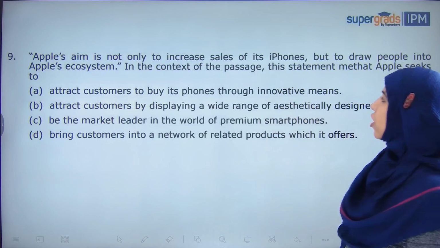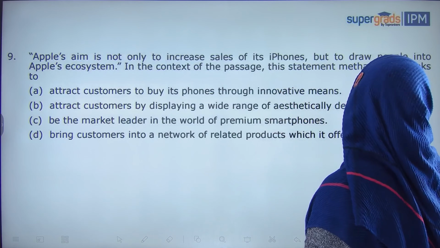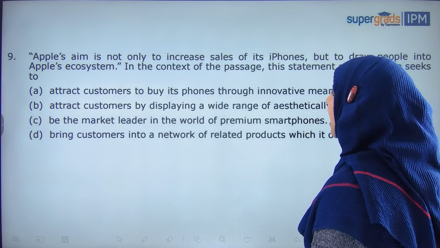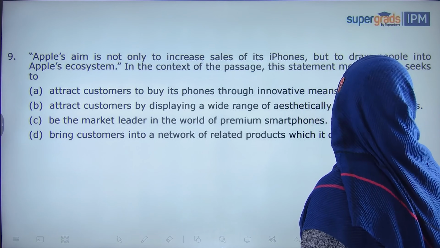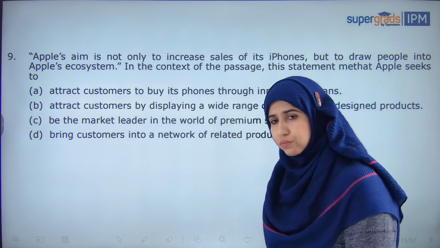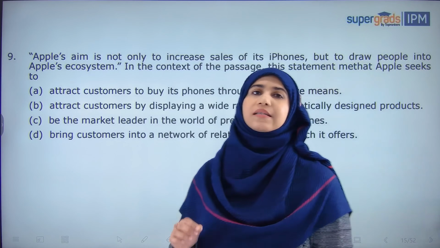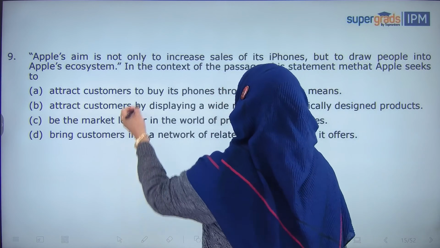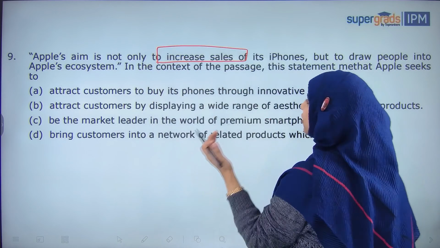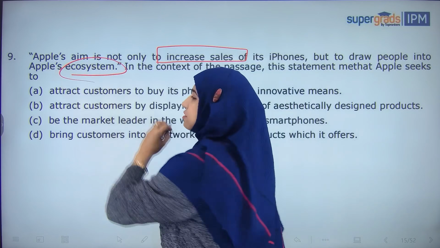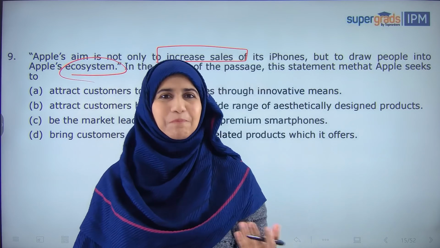Apple's aim is not to increase sales of its iPhones, but to draw people into Apple's ecosystem. In the context of the passage, the statement means that Apple seeks to. Now, the point is that Apple is not eyeing an increase of sales, but it wants to draw people to the ecosystem. So obviously, this has to serve some purpose.